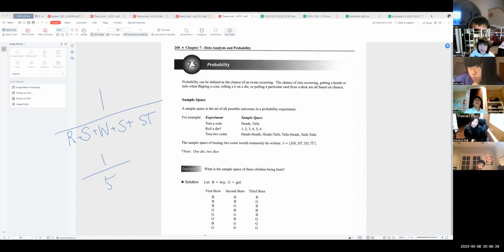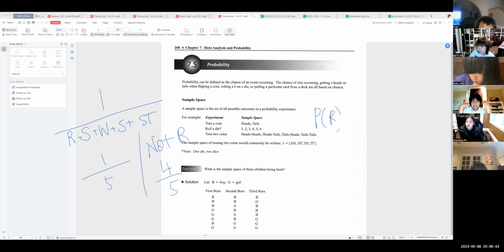If it is like that, the probability of rain will be 1/5, but not rain, everybody, will be 4/5. Everybody, this is a moment you need to pay attention. So the probability of rain is 1/5 if we have rain, sunny, windy, snow, and storm.